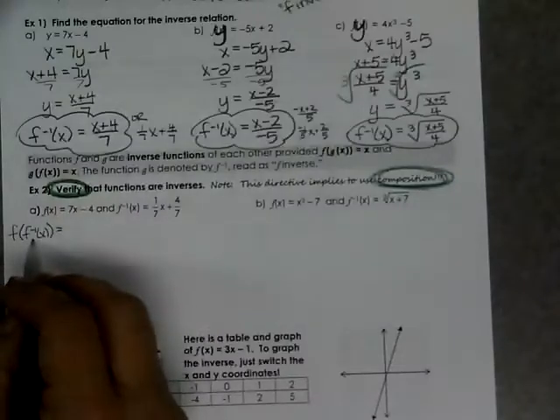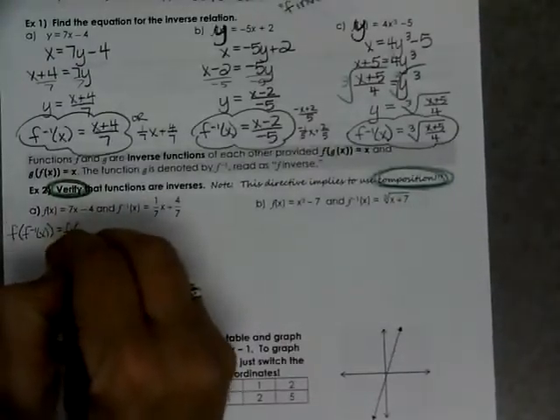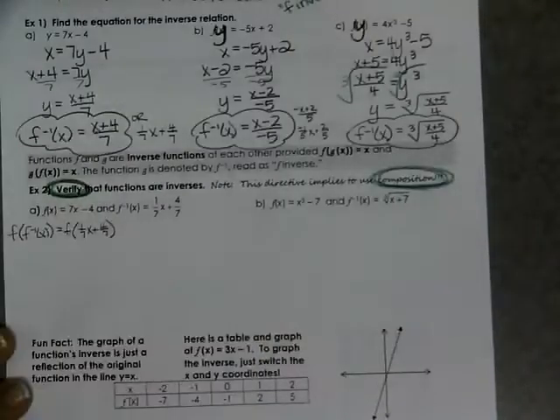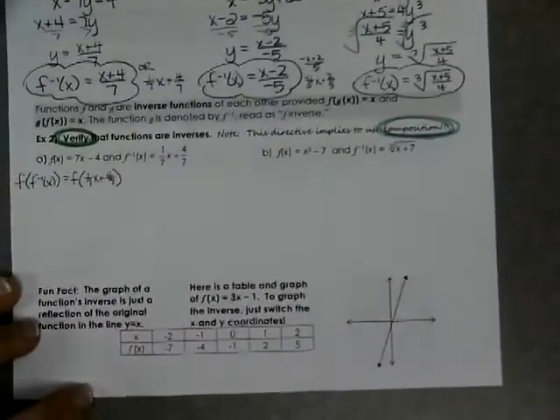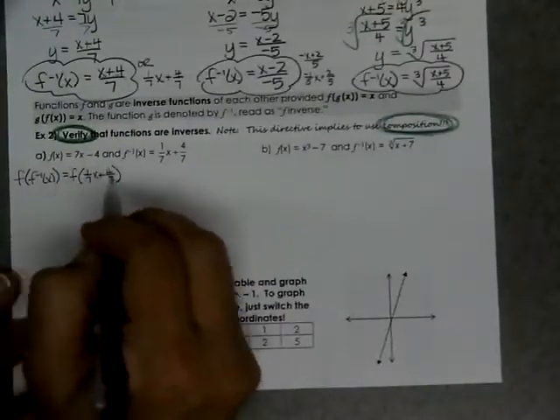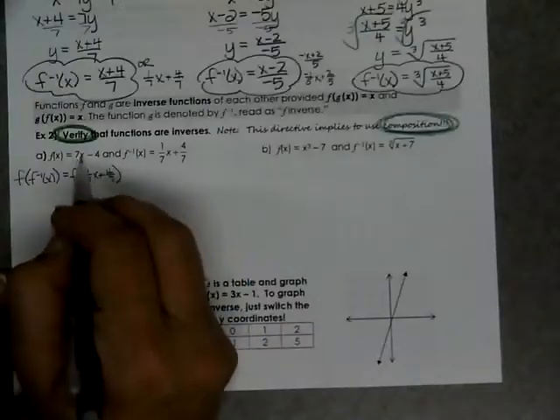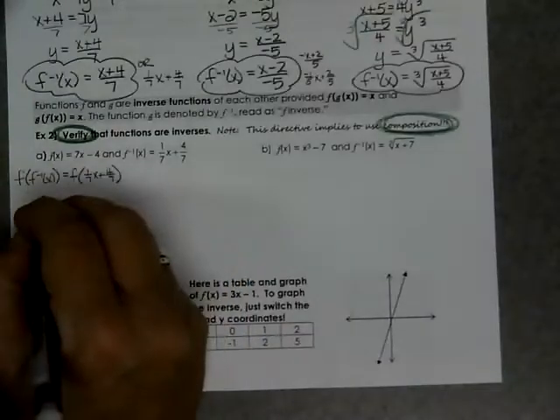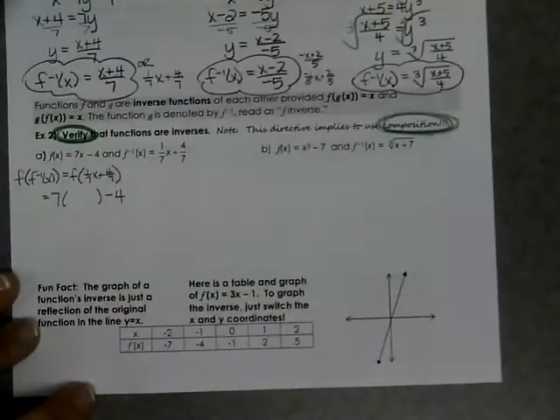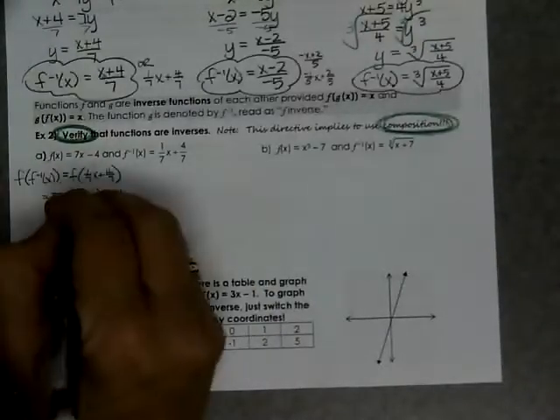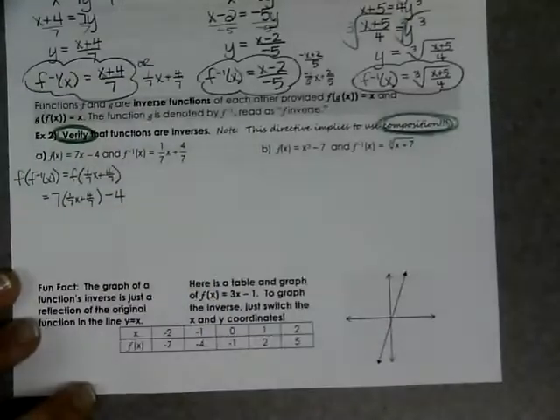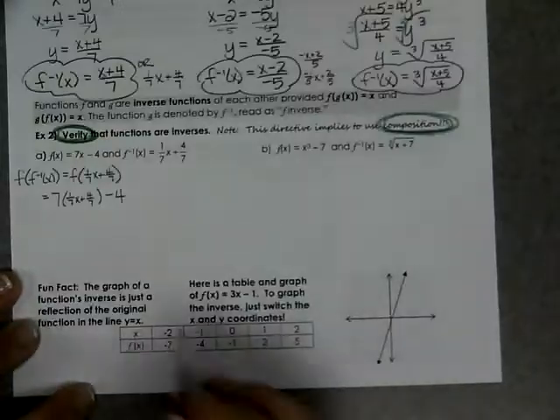Remember, this is the inside function, so we're taking f of 1/7 x plus 4/7. Based on what we talked about with composition, this is substituted in for the x in f of x. Well, f of x was 7 times something minus 4, so that something is the other function, which is 1/7 x plus 4/7.